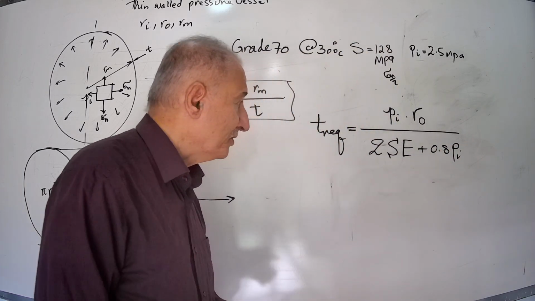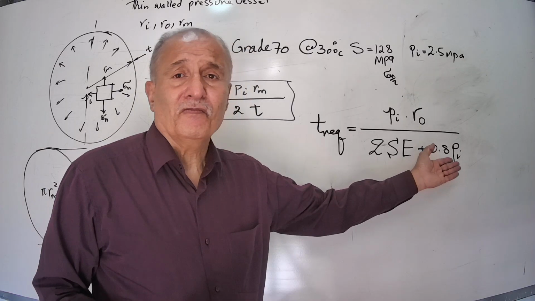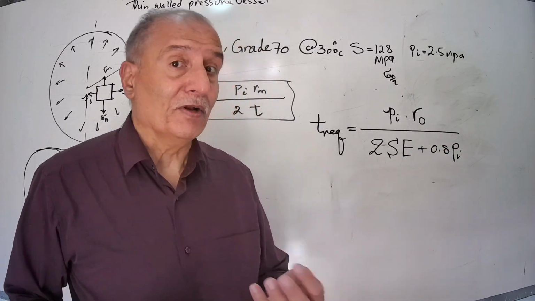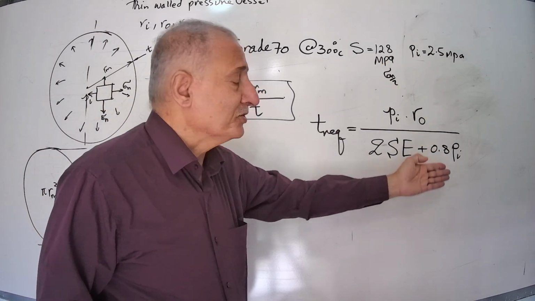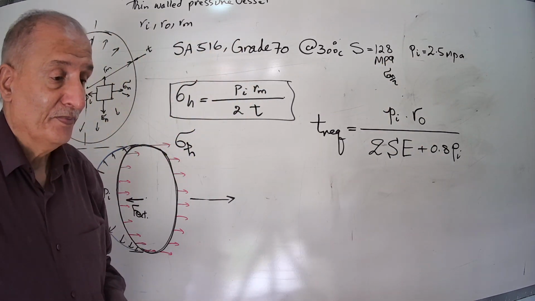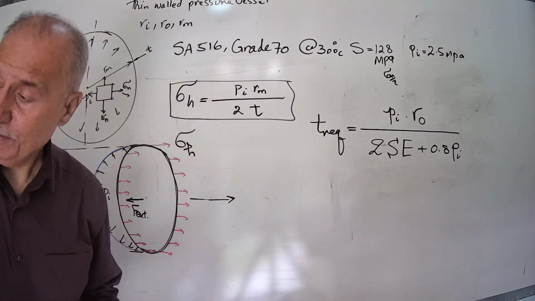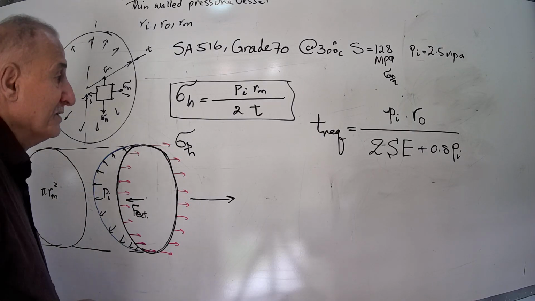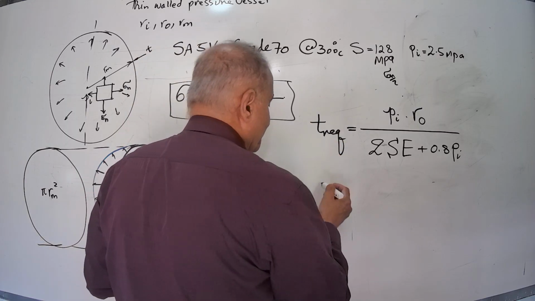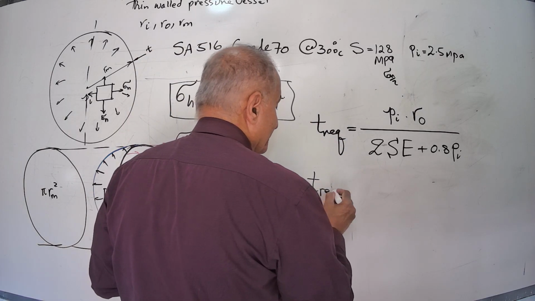Again, this is the standard. This doesn't add a considerable value actually, because for example, here, 2.5 is added just 2. Okay? Let's consider the required thickness.